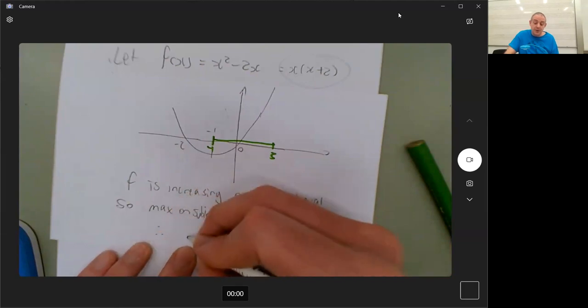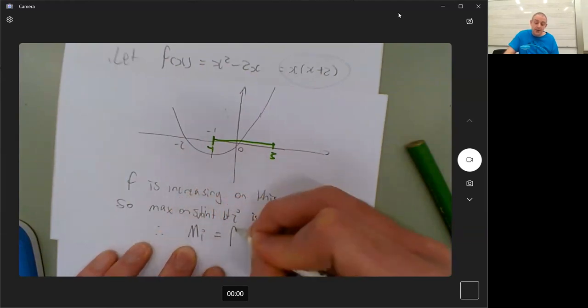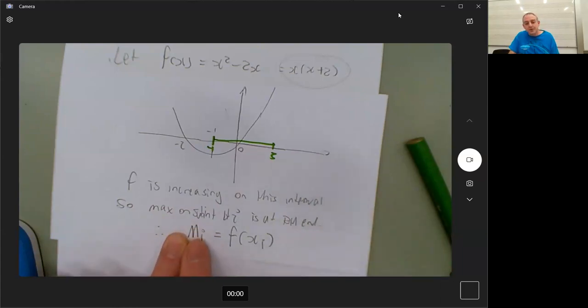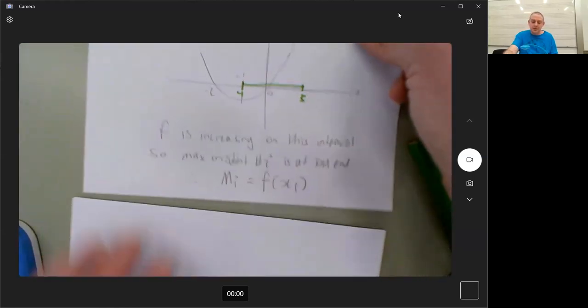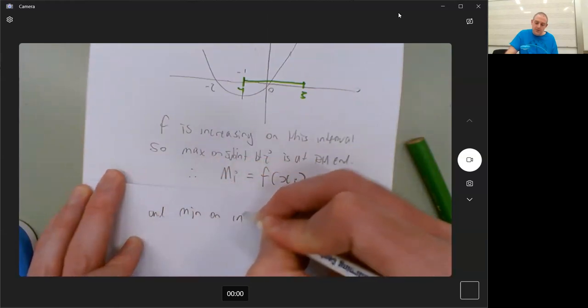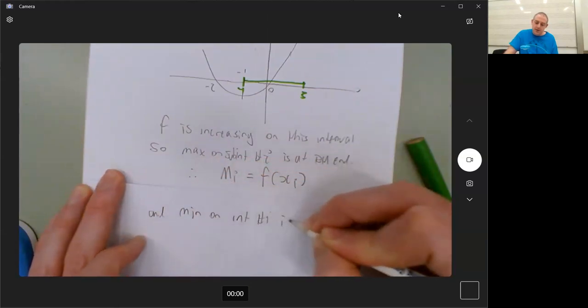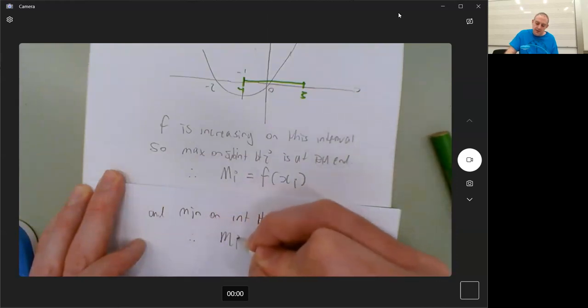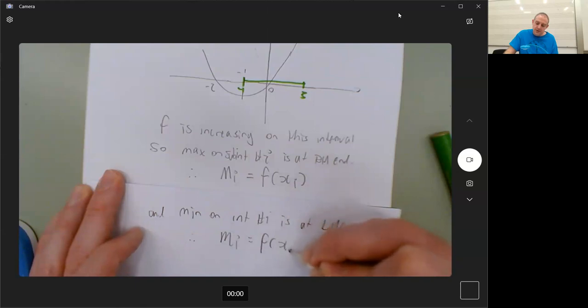And so therefore, capital Mi is the function evaluated at the right-hand end. So this statement in symbols is pretty much the same as that statement there. And the minimum on interval number i is at the left-hand end. And so therefore little mi is f of x sub i minus 1.